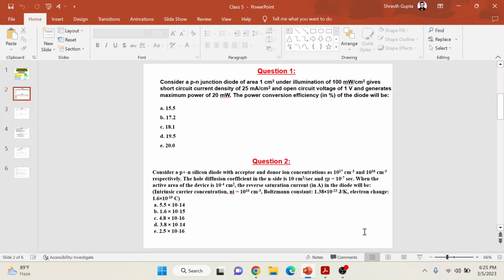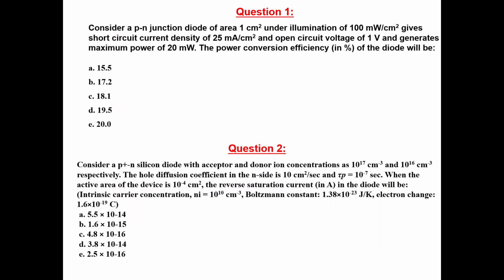The second question is also very easy, Melee. It says consider a P plus N silicon diode with acceptor and donor ion concentrations of 10 to the 17 per cubic centimeter and 10 to the 16 per cubic centimeter. Sir, I want the formula, I left it in the assignment. Okay, just a minute, I'll show you the solution.